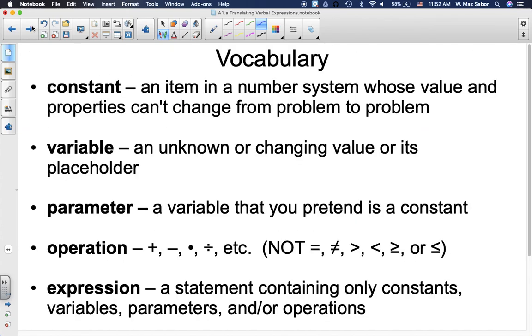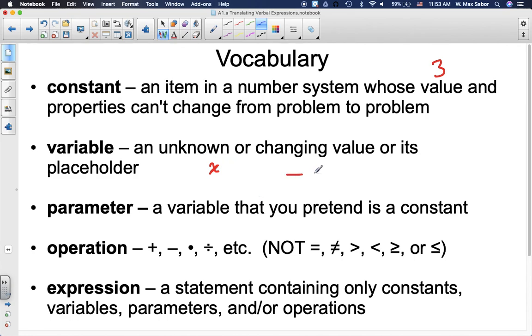Some vocabulary. You need to know all this vocabulary. It will come up throughout the year. A constant is an item in a number system whose value and properties can't change from problem to problem. Usually, this is something like 3 is a constant. A variable is an unknown or changing value or its placeholder. The most common thing we use is x. It stands for the thing, translated through a few different languages.